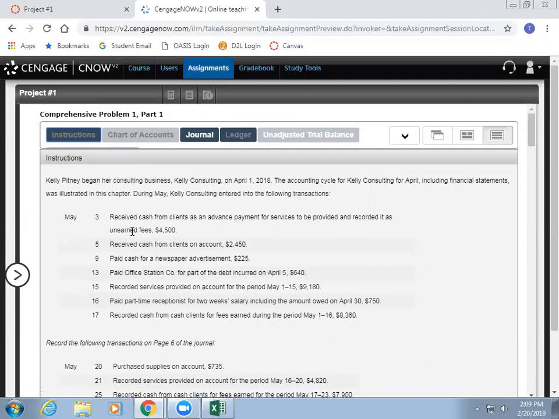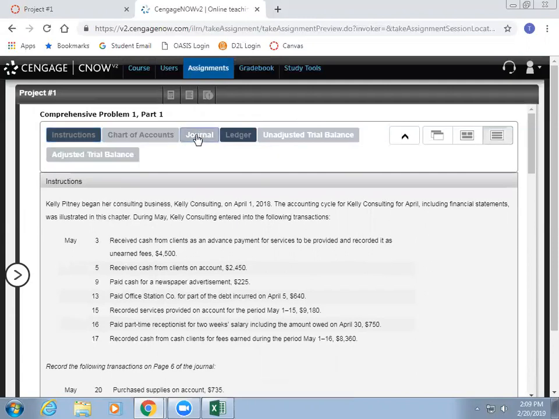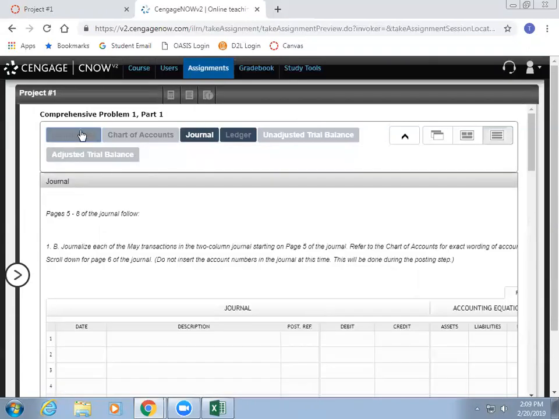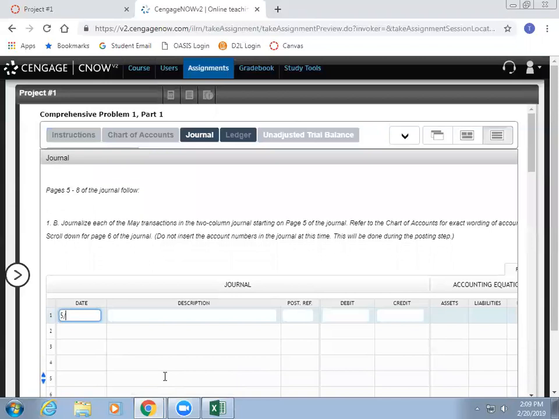Well, they tell us it's unearned fees, which is a liability. And we received cash. So I know I want to debit cash and credit unearned fees. So in my journal, I would start with my date, May 3rd of 18. I would start with cash since it's my debit, and I would debit it.